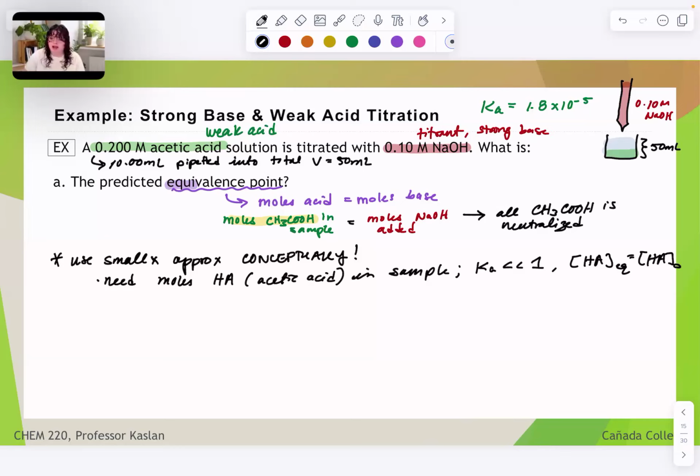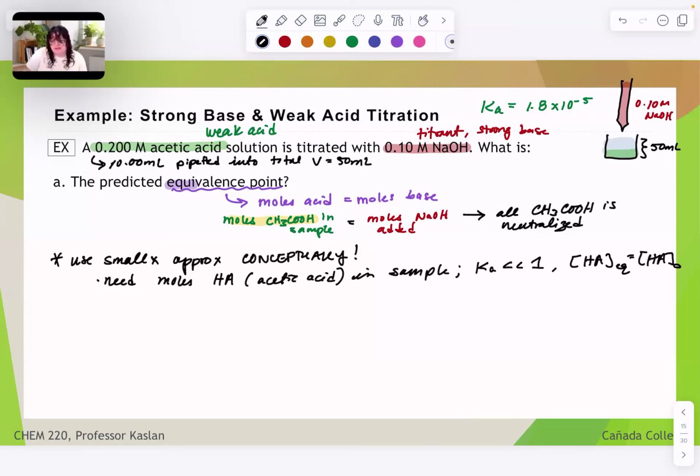So I'm not going to set up an ice table because I don't need to figure out X. I don't need to figure out, at least here when finding the equivalence point, how much hydronium I have. I'm just saying I don't need to think about how much of my molecular acetic acid is no longer molecular after dissociation, because this dissociation equilibrium is very small, reactant favored.